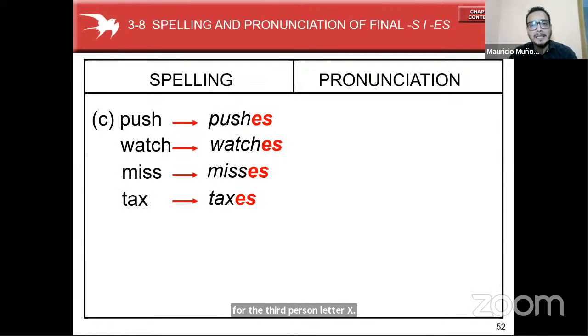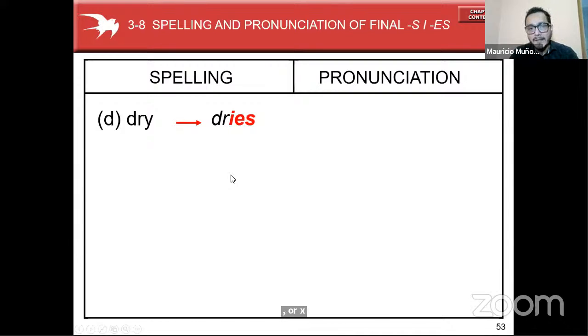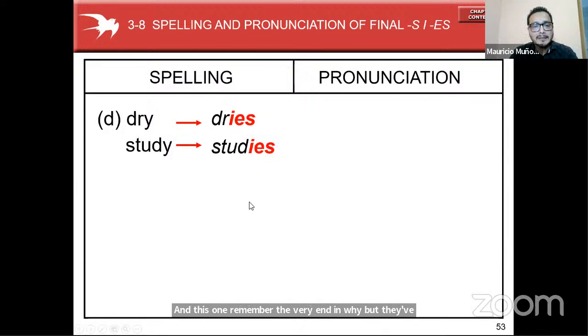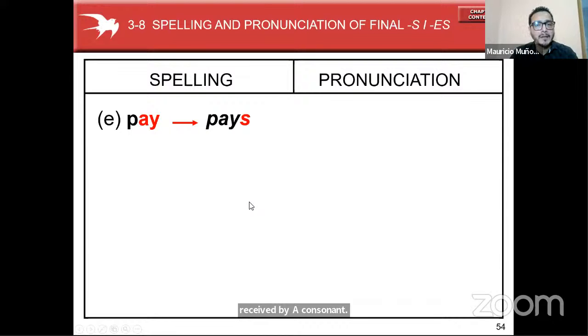Those that end in the letters SH, CH, S, or X. And this one, remember, the verb end in Y, but they're preceded by a consonant. And those, obviously, that also end in the letter Y, preceded by a vowel.